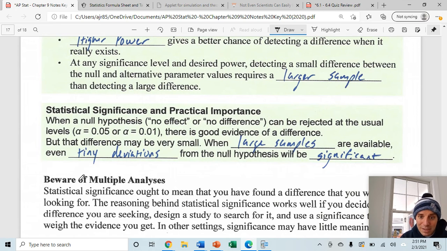When a null hypothesis can be rejected at the usual levels of either 0.05 or 0.01, there is good evidence of a difference, but that difference may be very small, especially when we have large sample sizes. So if we have a large sample size, a small difference might result in statistically significant results. If we have a smaller sample size, then we're going to need to compensate for that ability to reject the null hypothesis by having a larger difference between our mu sub 0 hypothesized value and our sample statistic.